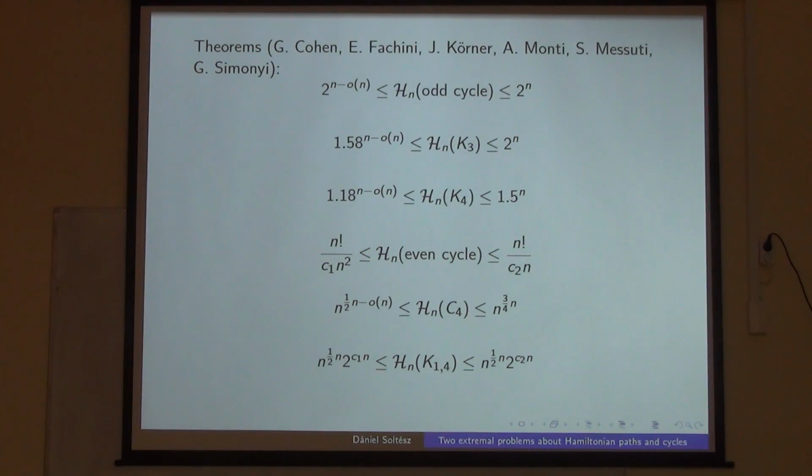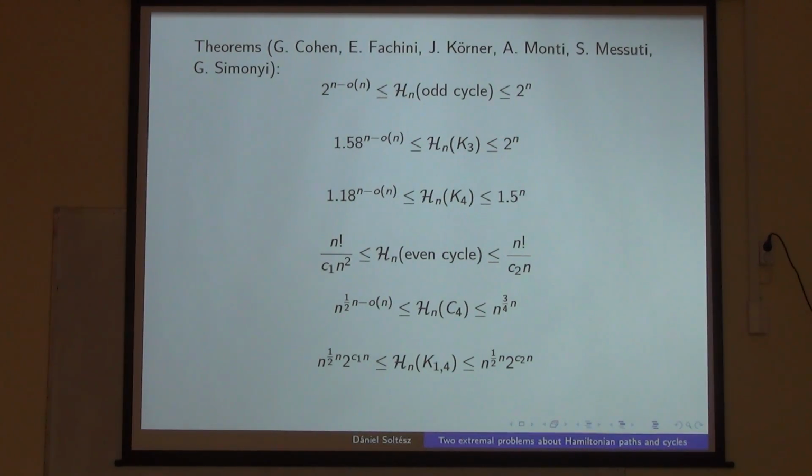And well, the last result is just K14, and the answer is again more than exponential. So what's another interesting phenomenon, that for every bipartite condition, the answer is more than exponential. And we already saw that for every non-bipartite thing, it will always be just exponential.